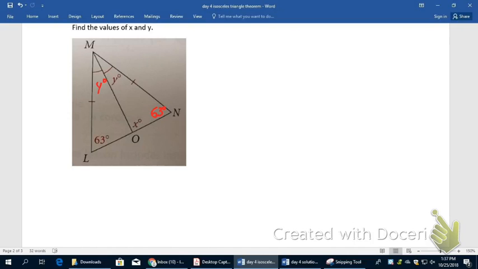Now I'm going to be able to do y first, and this is one approach that you could take. I'm going to consider the triangle as a whole and do y plus 63 plus 63 equals 180 degrees.